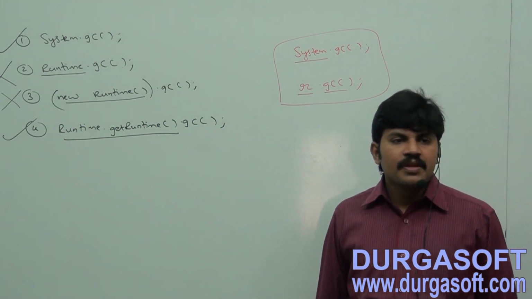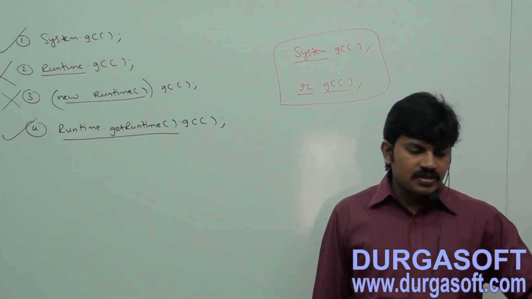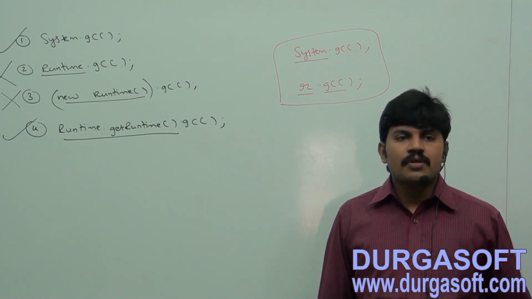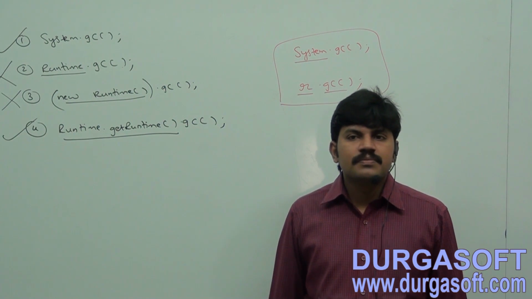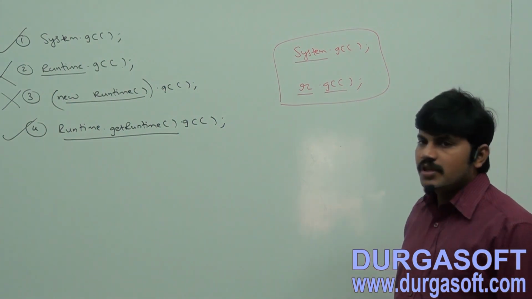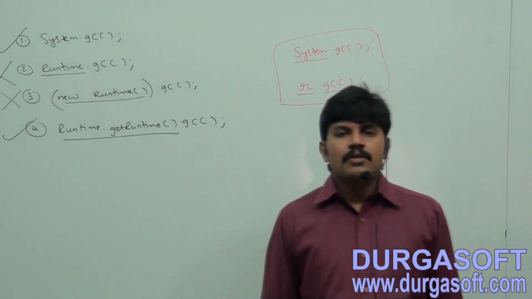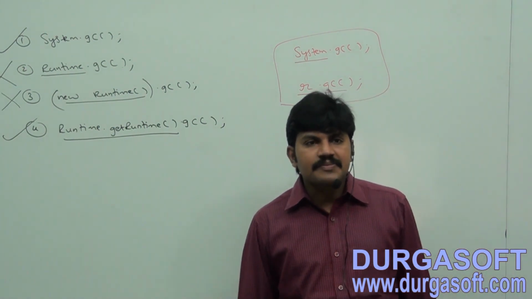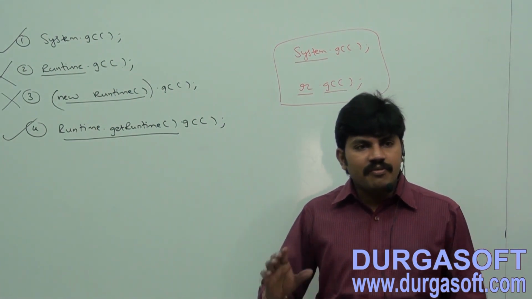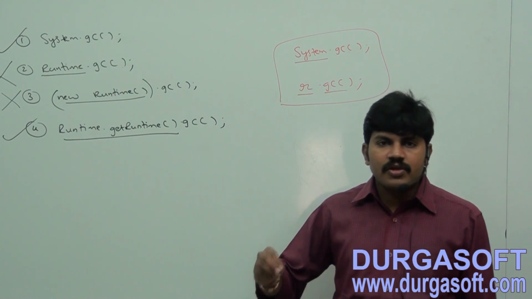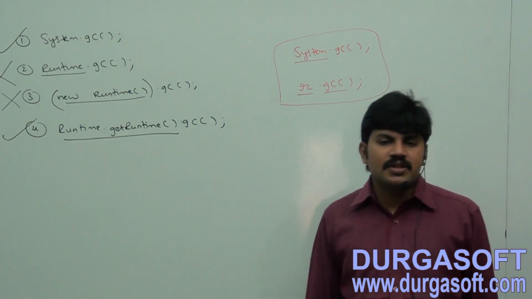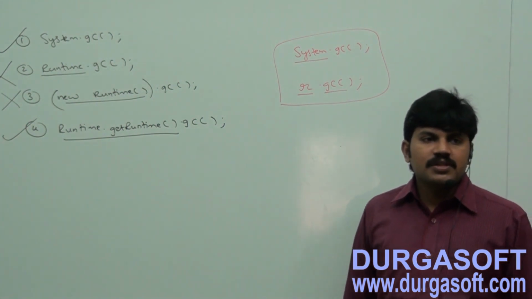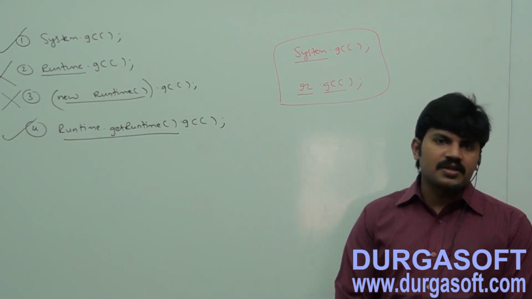Okay, next para. Take a note. This is next, take it in question form. Which of the following is a valid way for requesting JVM to run the garbage collector?